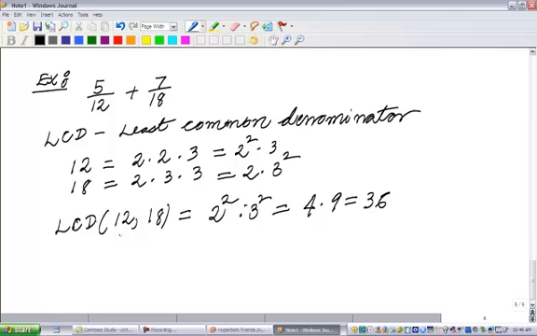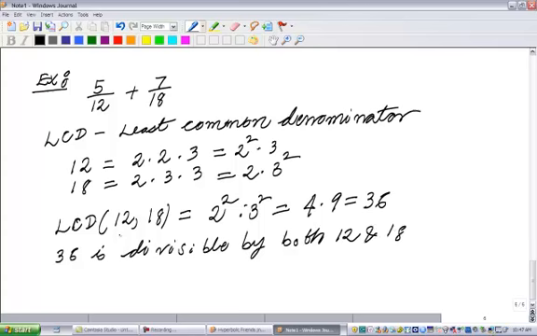So it means that 36 is divisible by both 12 and 18. Now, how did that help us?